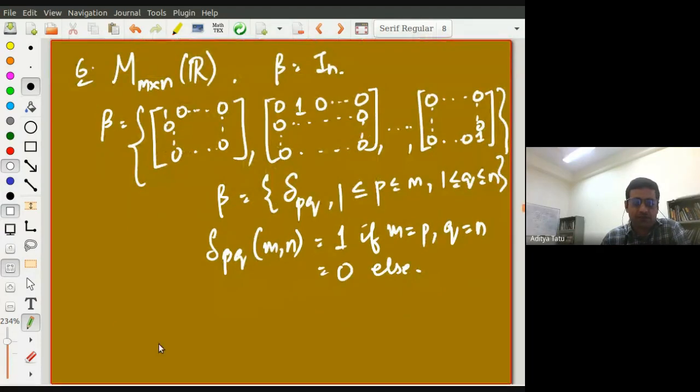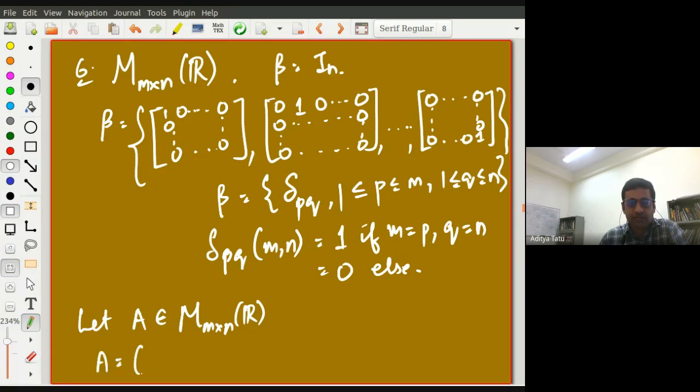Beta spans m. Let's take an arbitrary matrix A in this vector space. I will denote the ijth entry of A by Aij, where i goes from 1 to m, j goes from 1 to n.